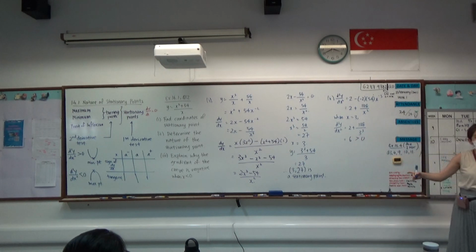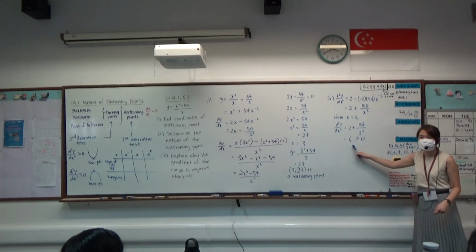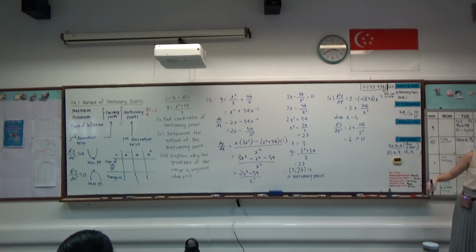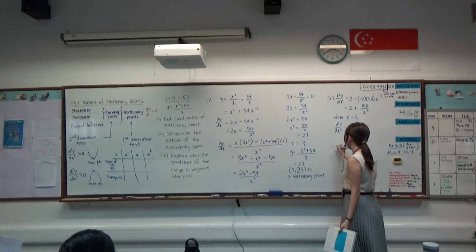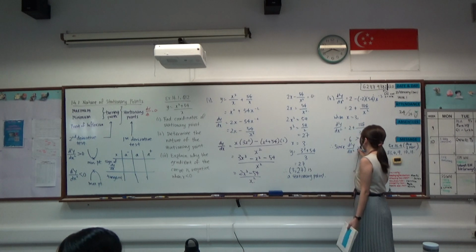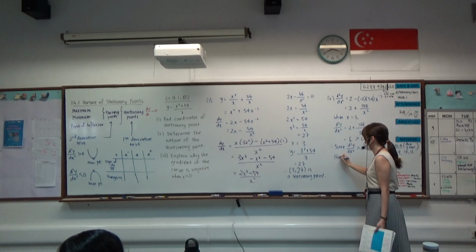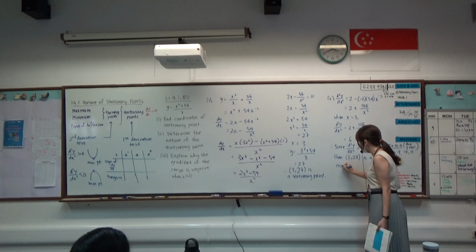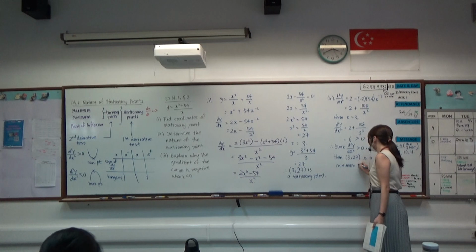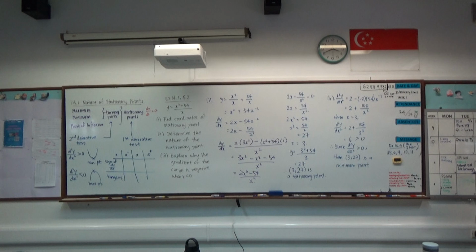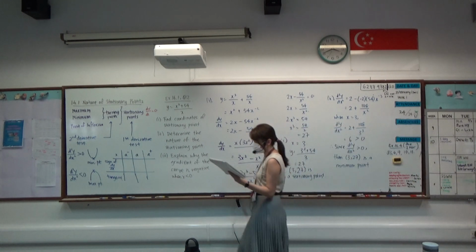Please calculate and tell me the value of the second derivative. Show that it is more than 0. Then you conclude that since the second derivative is more than 0, (3, 27) is a minimum point. Questions? Alright.